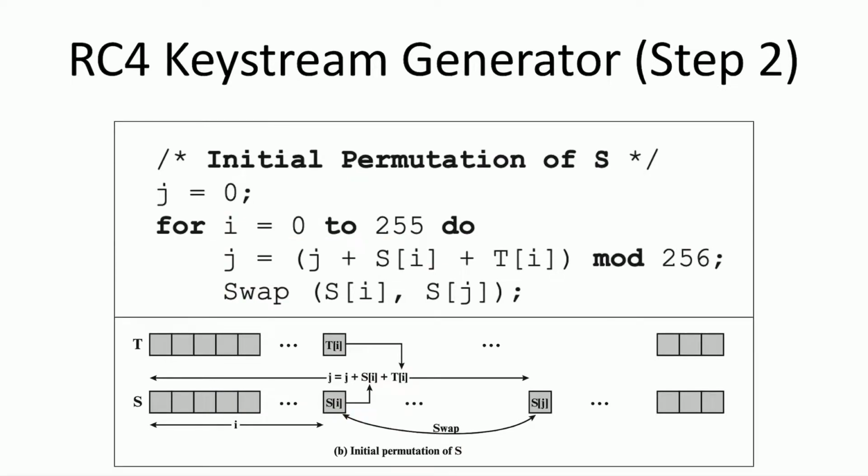The next step is to do an initial permutation or shuffling of values in the state vector S, because so far we have just numbers from 0 to 255 all in ascending order, right? So there is no shuffling. So what we do is we use the T vector to permute values in the S vector, as you can see here in this for loop from 0 to 255, right? So what we're doing is we are using this formula to choose some index j.